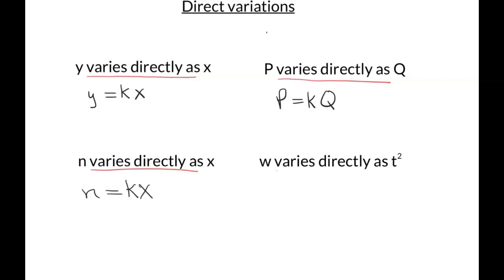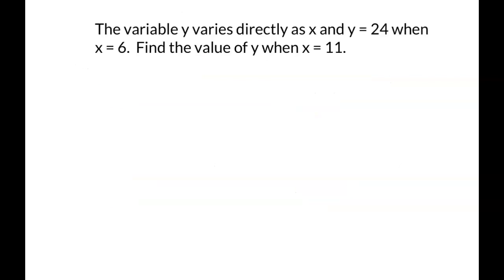And then the last one, it translates the same way. So this will be w varies directly as t squared. These are examples of direct variation equations, and every single one of them has the same equals k in it, because the phrase varies directly as translates to equals k.